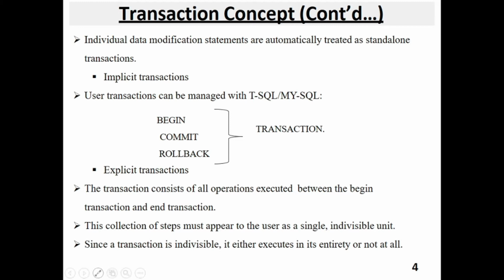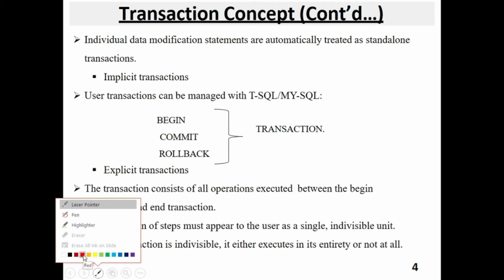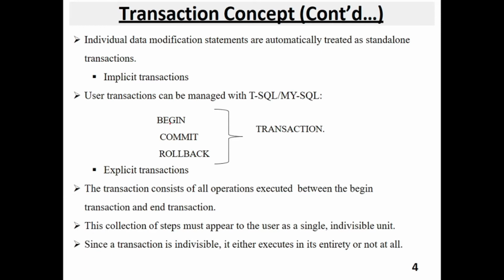So the status of our transaction is stored in one of these: either at begin, commit, or rollback. Begin is the beginning or initiation of the transaction. Commit means saved, successfully changing your data. Rollback means back to your initial state, or the consistency of your database.